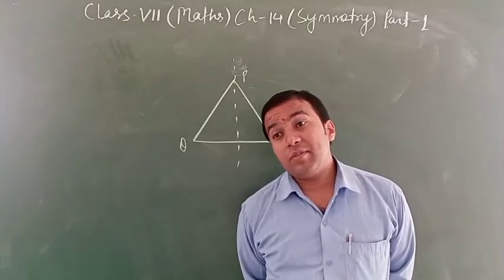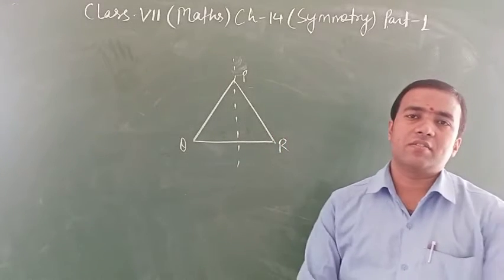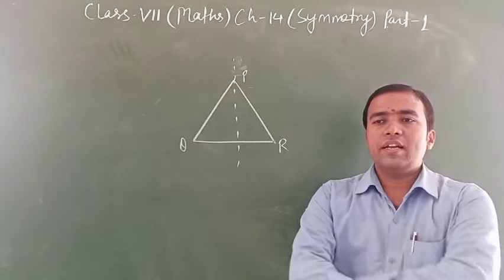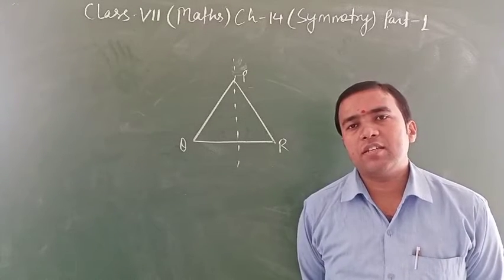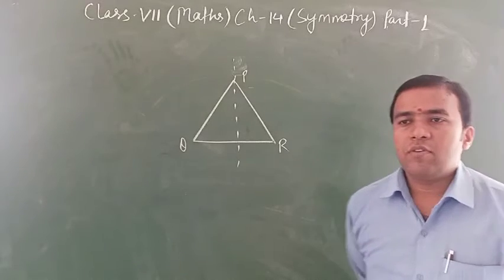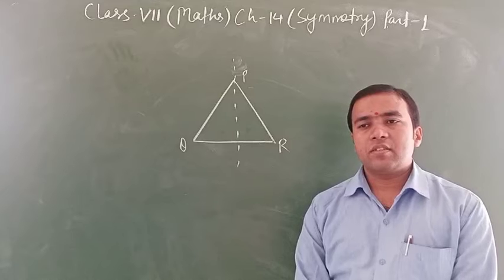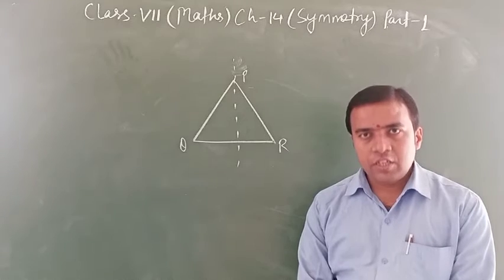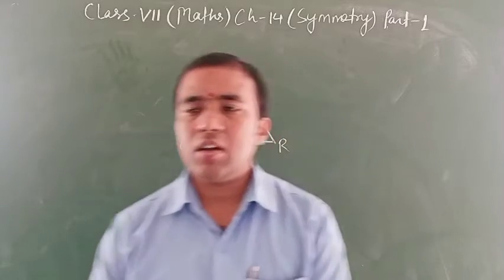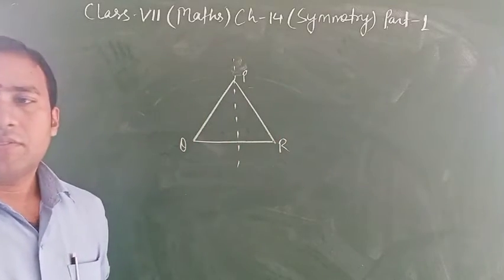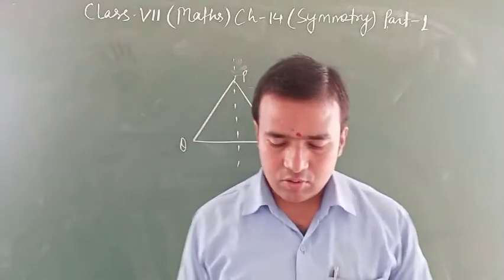In mathematics, symmetry has a more precise definition and is usually used to refer to an object that is invariant under some transformation, including translation, reflection, rotation or scaling. We can say it like this also.